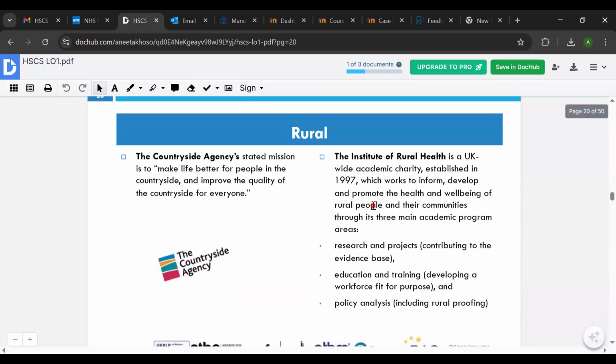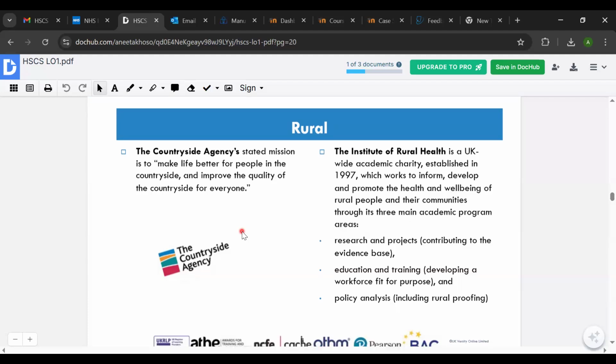It works to inform, develop, and promote the health and well-being of rural people and their communities through 3 main academic program areas: research and projects, contributing to the evidence base; education and training, developing a workforce fit for purpose; and policy analysis, including rural proofing.